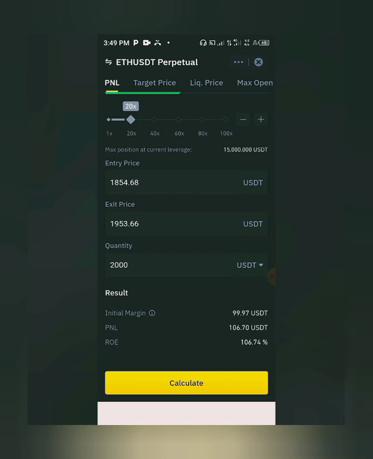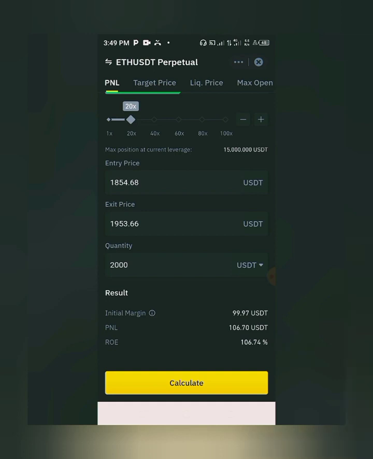That means if you make a profit, we are going with 106.70 USDT, and if we make a loss, you're going to lose 106.70 USDT. And then the ROE, which is 106%.